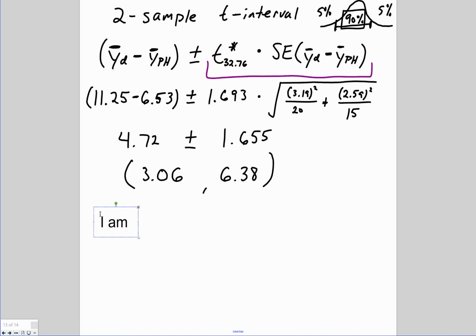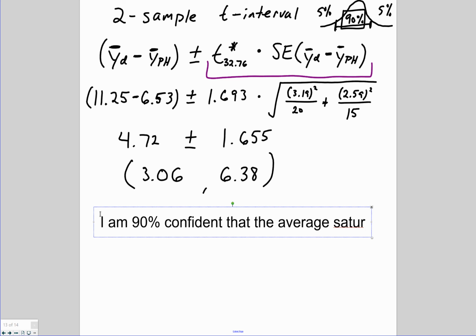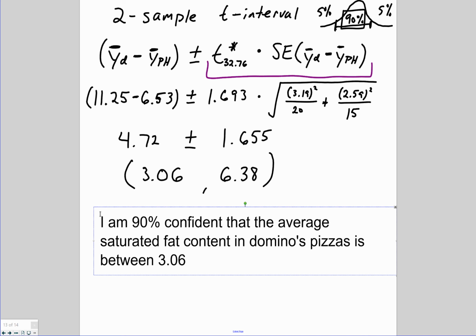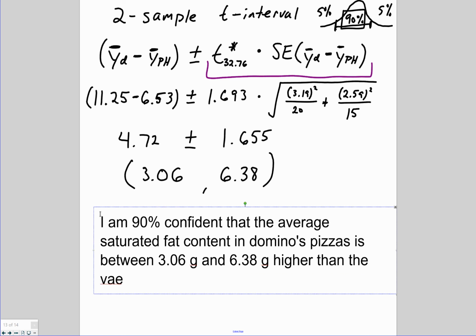I am 90% confident that the average saturated fat content in Domino's pizzas is between 3.06 grams and 6.38 grams higher than the average saturated fat content in Pizza Hut pizzas.